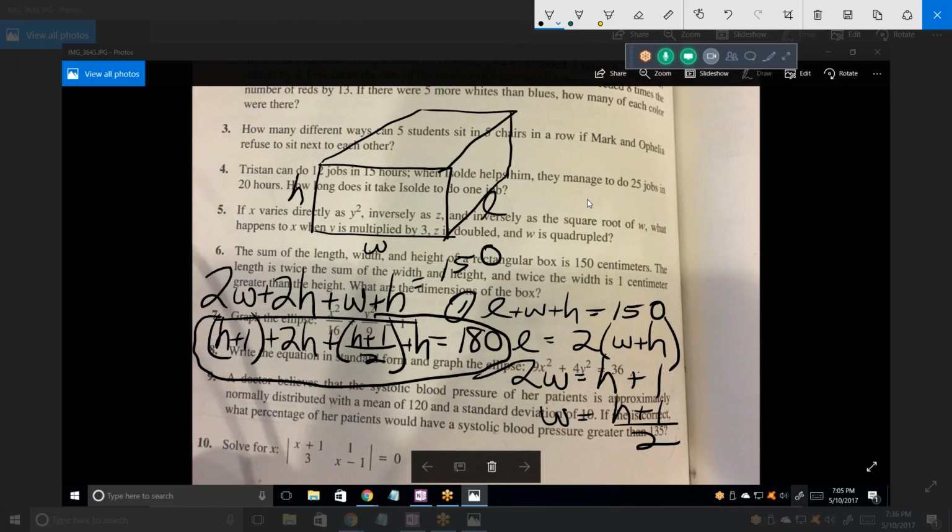That gives me 2H plus 2 plus 4H plus H plus 1, so all I lose is the denominator there, plus 2H equals 360. Now, why did we multiply them by 4? I didn't. I multiplied everything by 2. Well, why did we do that? To get rid of this denominator of 2.